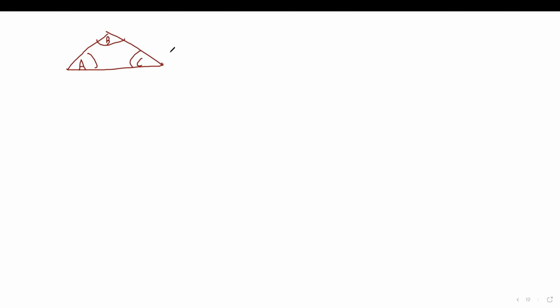So since A, B, and C are angles of a triangle, what do we know? What we do know is that A plus B plus C is equal to 180 degrees. That's a starting point. Now, by the way, I just want to write back down what we're trying to prove: the sine of A plus B over 2 is the cos of C over 2.